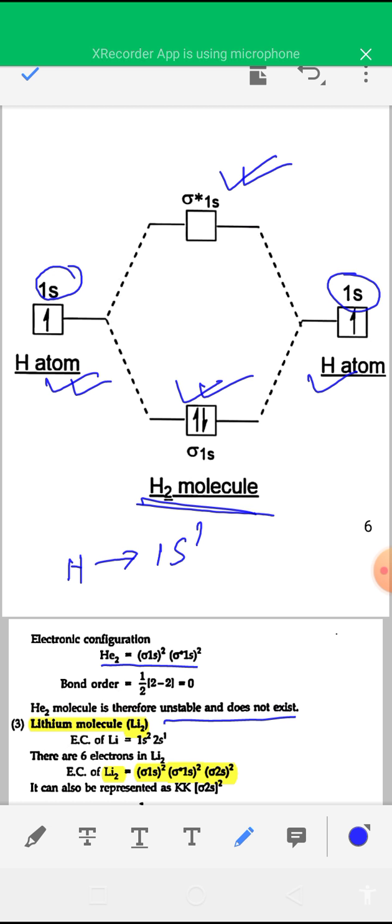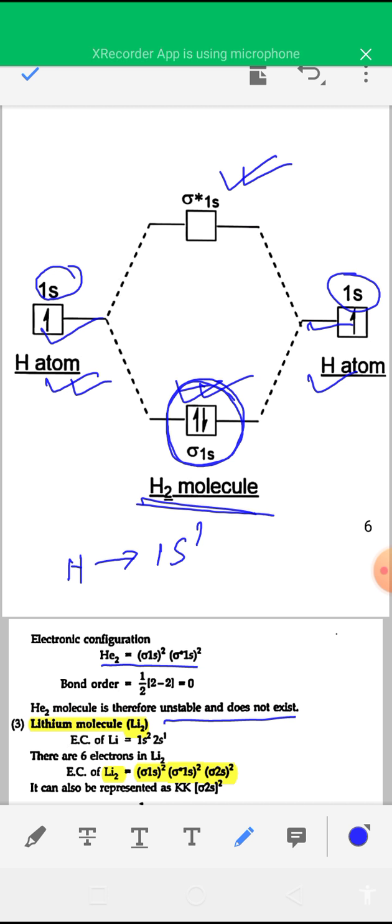In each hydrogen atom there is one electron in the 1s atomic orbital, so there are a total of two electrons. You have to fill these two electrons in the molecular orbitals. Each orbital can accommodate a maximum of two electrons, so you give both electrons to the sigma bonding molecular orbital.